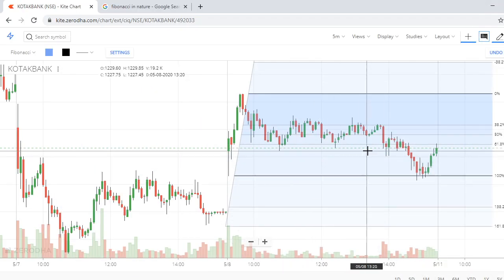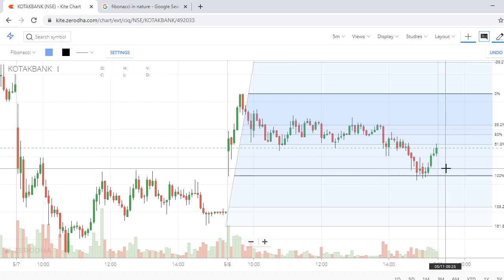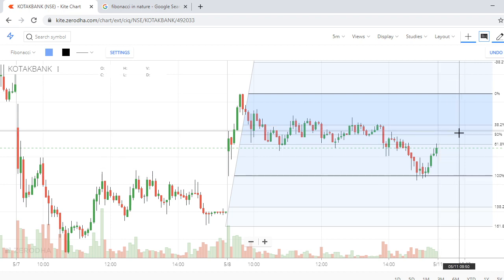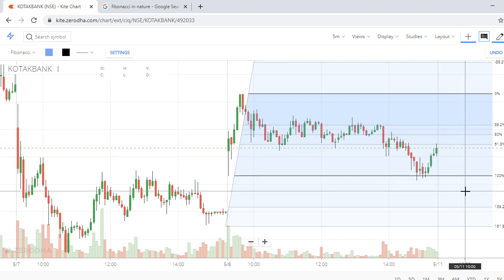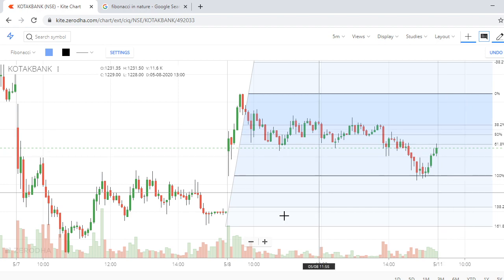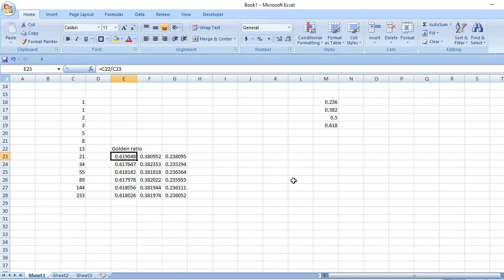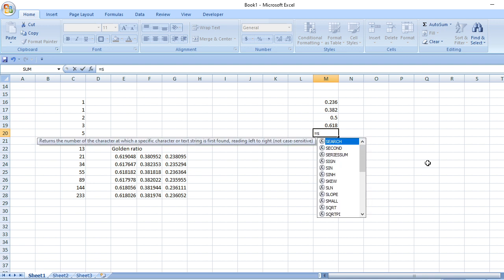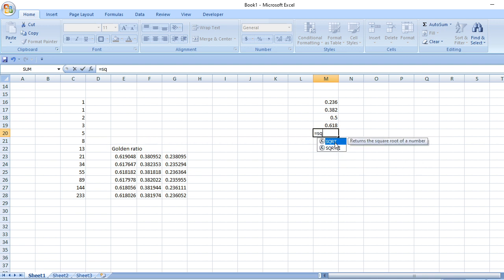See, now you can find some ratios from 0 to 100. These are the natural Fibonacci numbers. Now let's suppose I take the square root of 0.618, what happens? There you get one more value, which is nothing but 0.786.